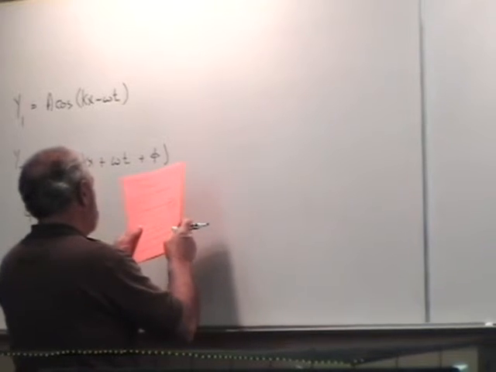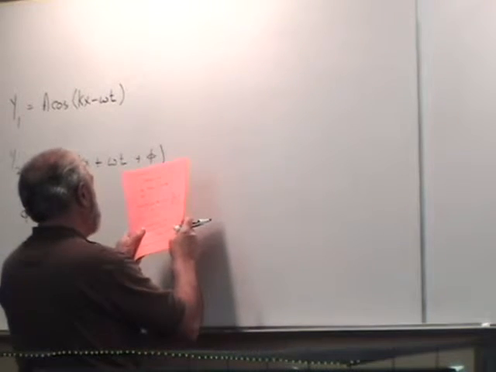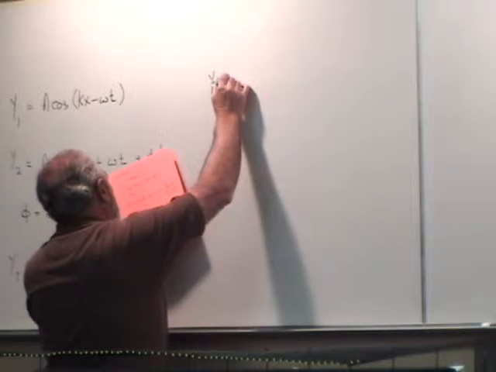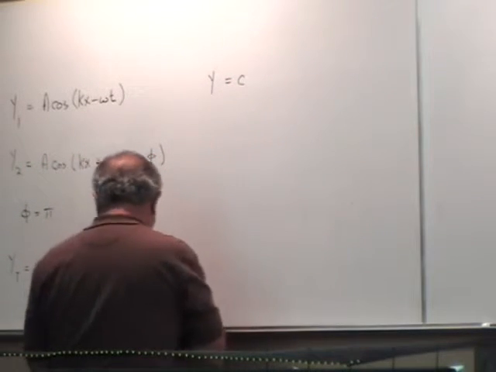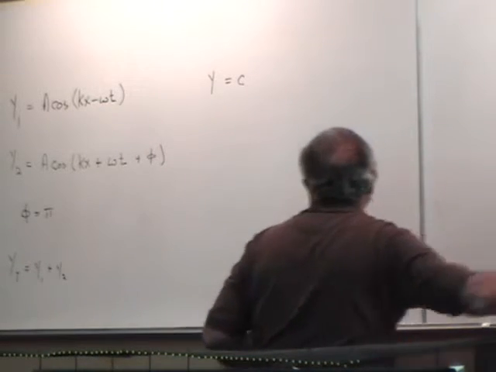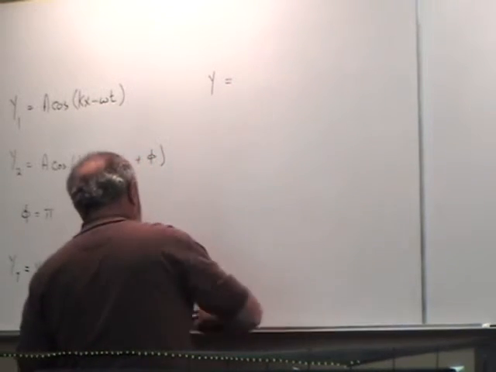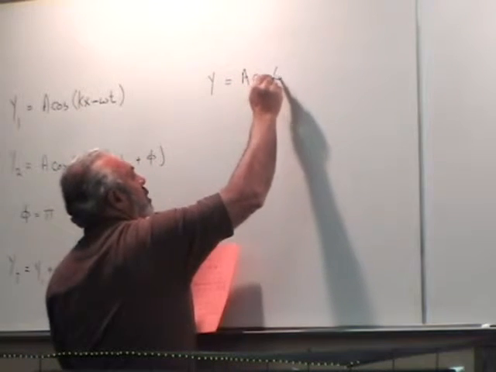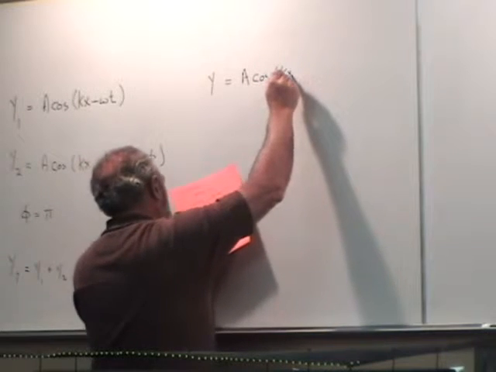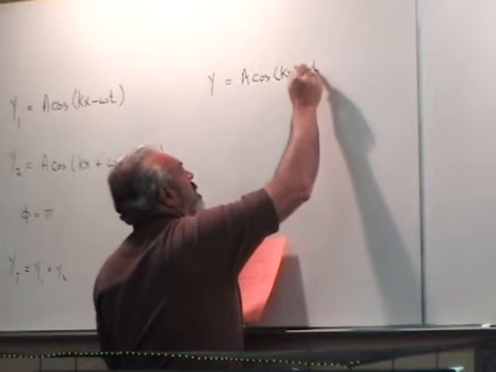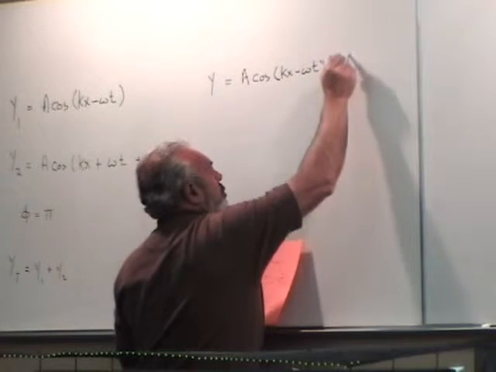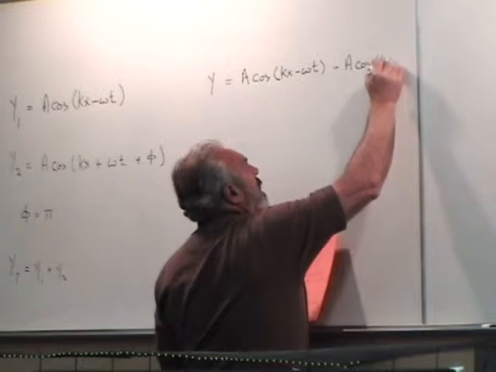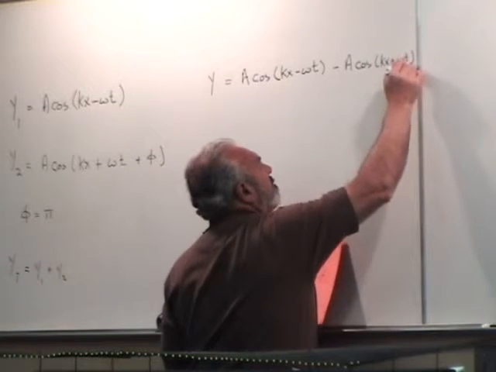We have that y equals, now see if you can argue this, a cosine of kx minus omega t minus a cosine of kx plus omega t.